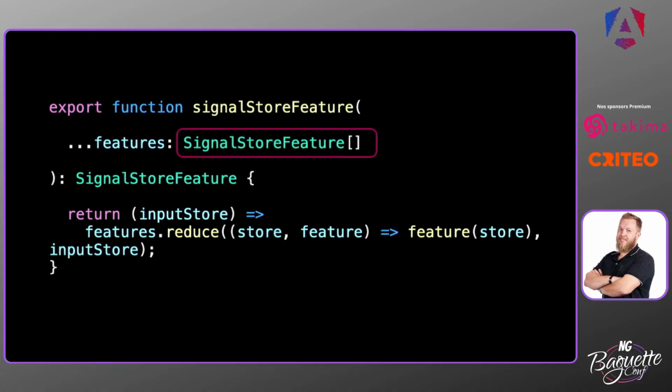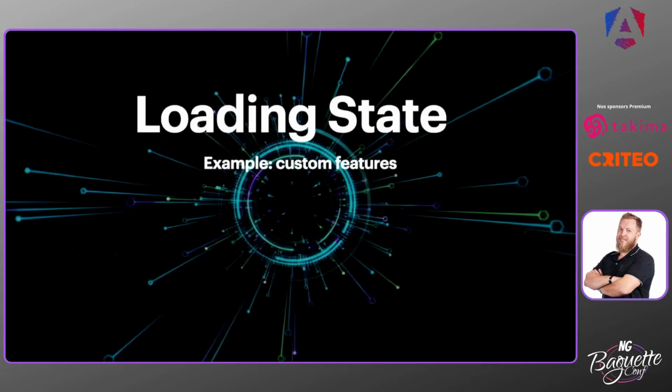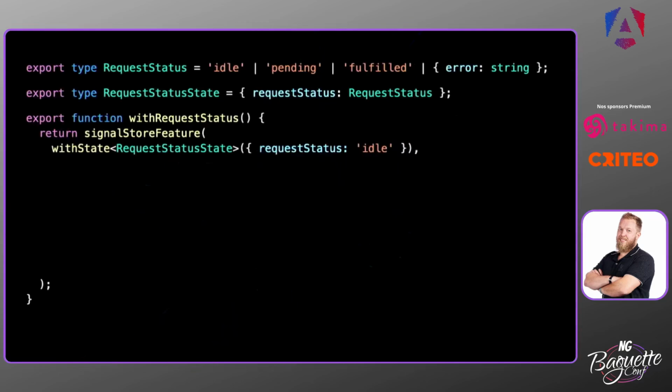All right, there you go. So I'll show you one very, very simple example. For example, loading state, just to give you an idea of how you can create your custom extensions like that. Any API request typically has a state. It could be a request state, right?